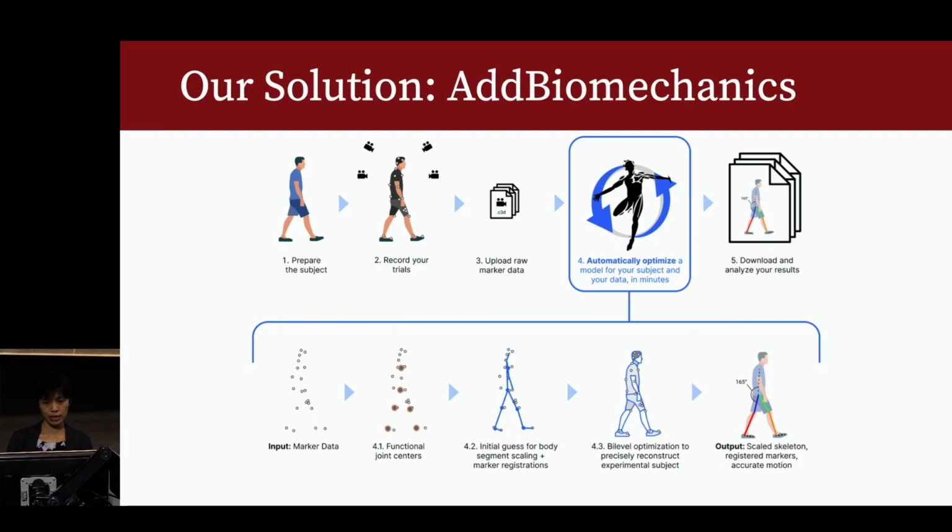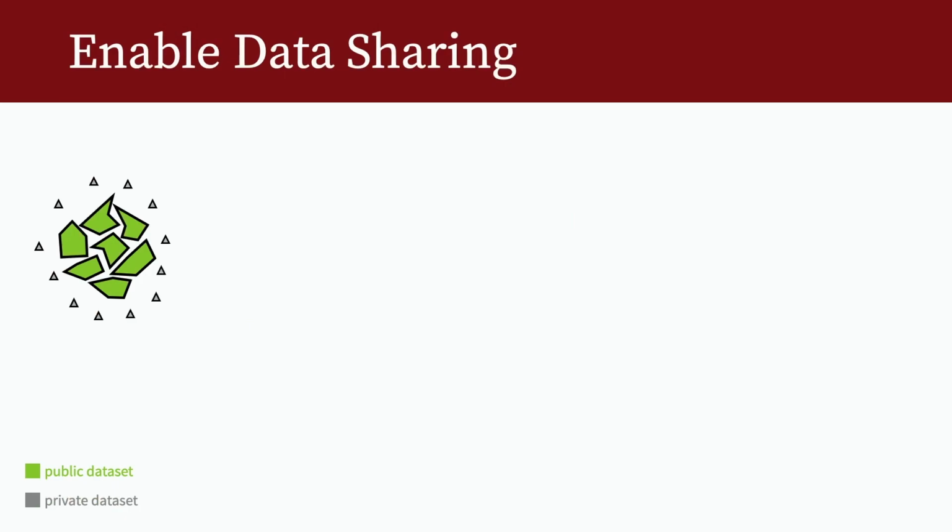raw motion capture data to generate an accurate, scaled and fitted digital twin of the subject and matched kinematics and dynamics motion. So this is the landscape of human motion we have today. We have some shared data sets shown in green, but a lot more unshared data collected by individual labs or studios shown in gray.